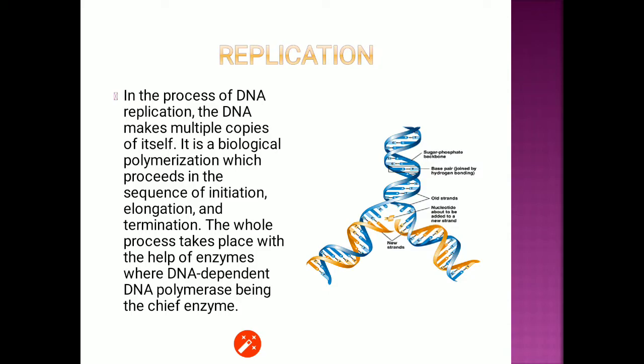The process gets initiated, the strands get elongated, and finally, after complete formation of the new strand, the process gets terminated. The whole process takes place with the help of enzymes, where DNA dependent DNA polymerase is the chief enzyme.